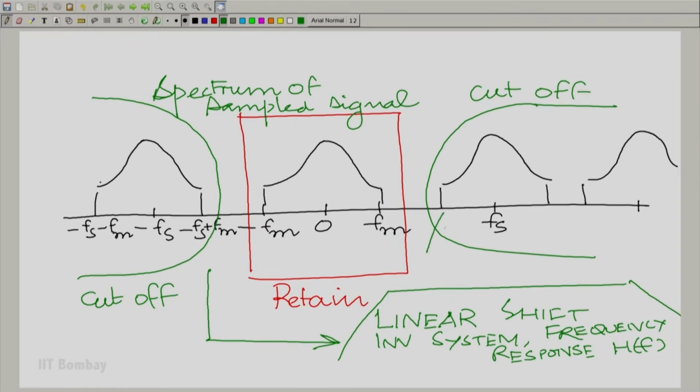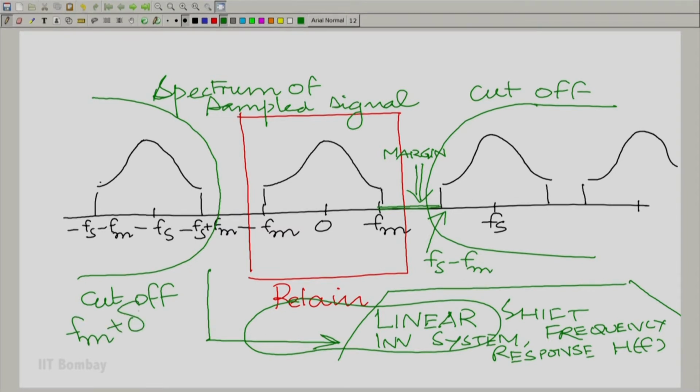So, this is Fs minus Fm here, and you have this margin, as I pointed out in the previous discussion. As long as you have ensured that Fm plus delta remains within the margin, you are doing well.